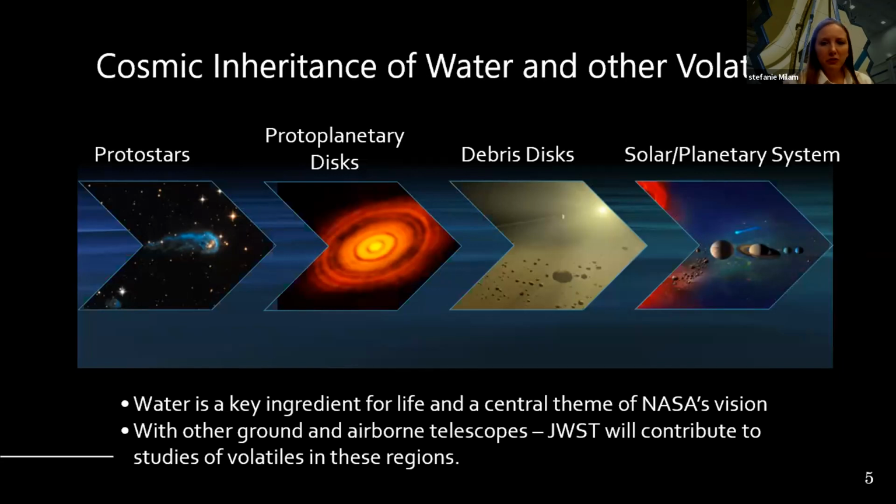And the main contribution from JWST is actually going to be the solid component of this volatile material. Being able to determine how much of this volatile material is in ices is going to be a really key ingredient to understanding the full composition of these objects and how they evolve and the chemistry evolves.